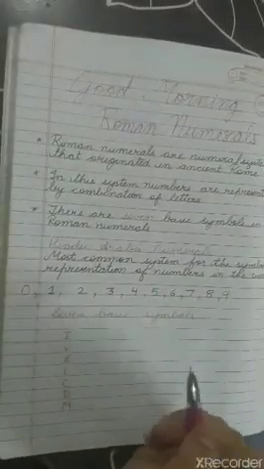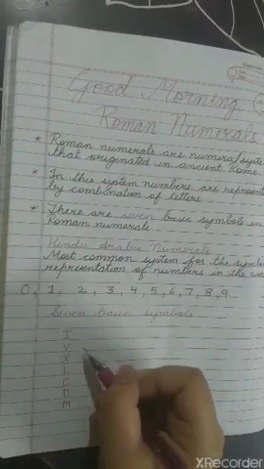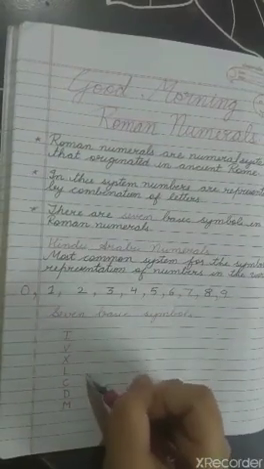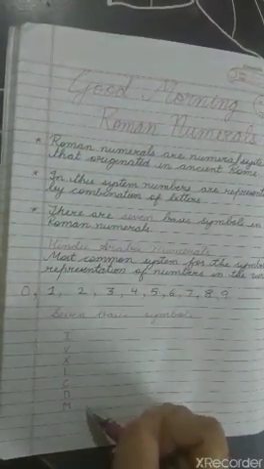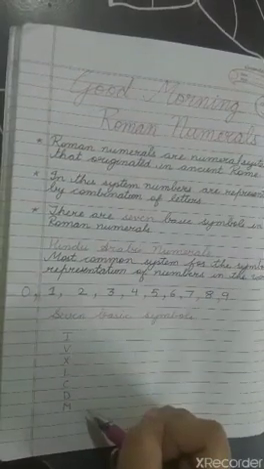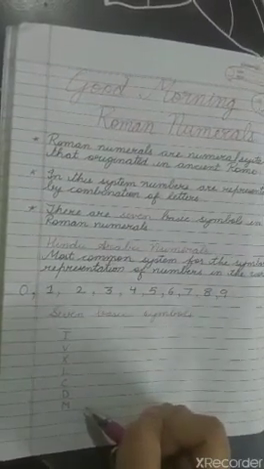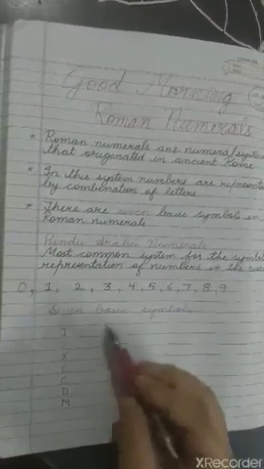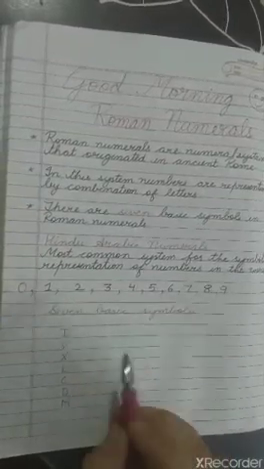And those 7 basic symbols are I, V, X, L, C, D, M. To write all other Roman numerals, first we need to understand what these symbols represent.